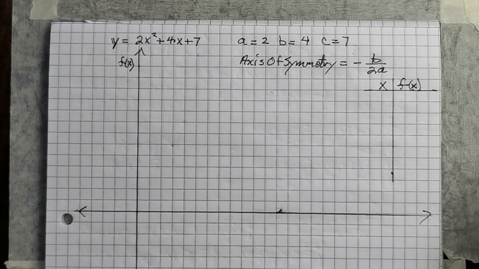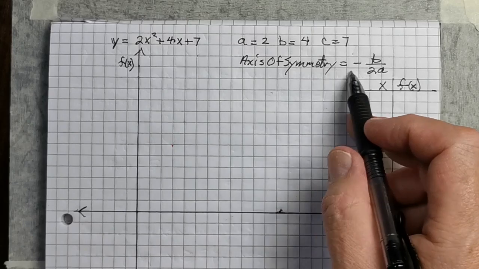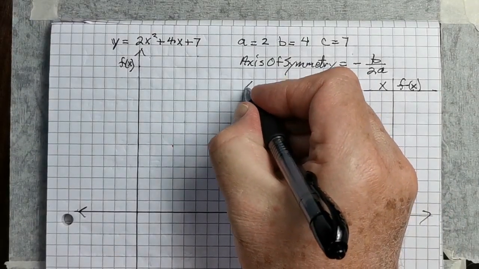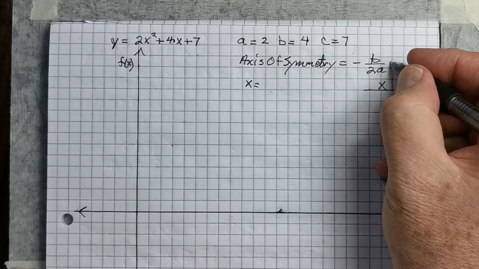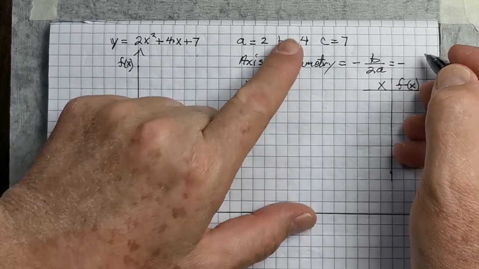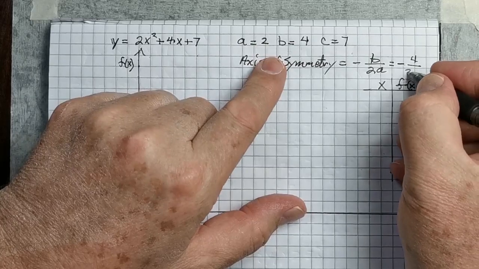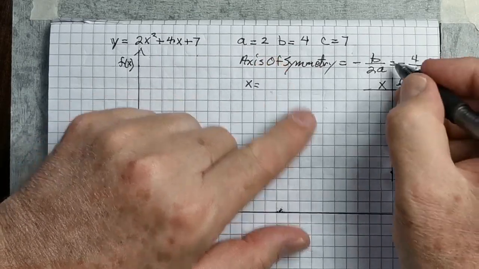What is our axis of symmetry? Axis of symmetry is x equals minus b over 2a. X equals minus b over 2a, which is equal to what? Minus b over 2a, which will be equal to minus b is 4 over 2a, and a is 2, so that's 2 times 2. So 4 over 4 is 1 minus 1.